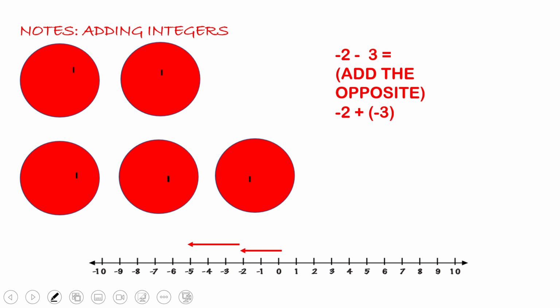You're adding the opposite, so you can make this a plus sign and attach the negative to the 3. So we go back -2, add 3 more units of negative, and land at -5. That matches 1, 2, 3, 4, 5 red chips, and the answer to -2 plus -3 equals -5.